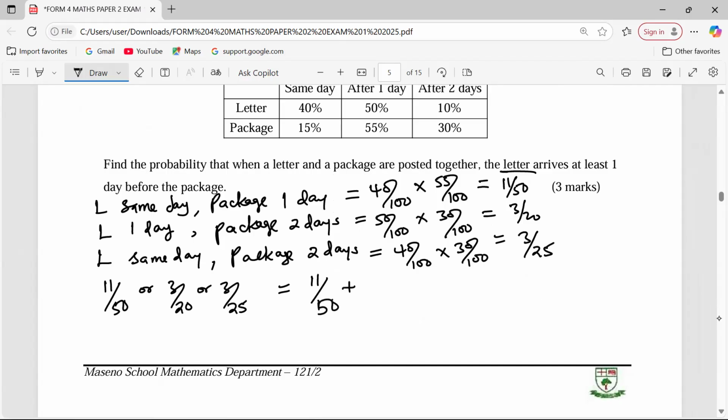11 over 50 plus 3 over 20 plus 3 over 25. This gives us, let me add up, 49 over 100. This can also be written as 49%.